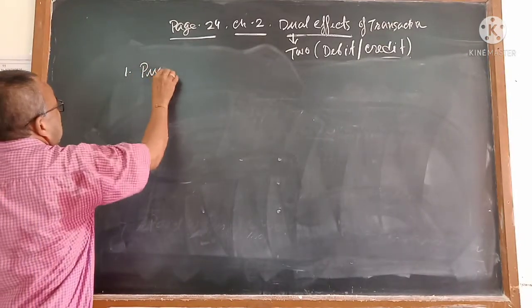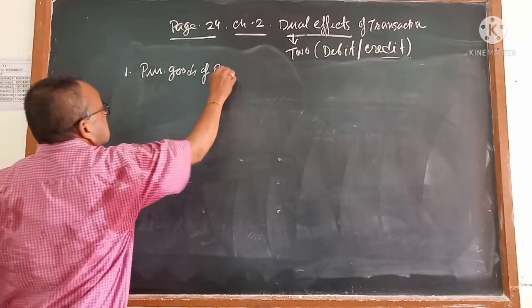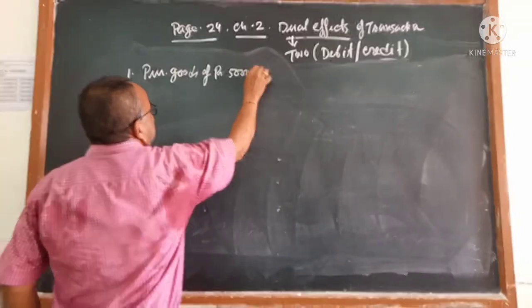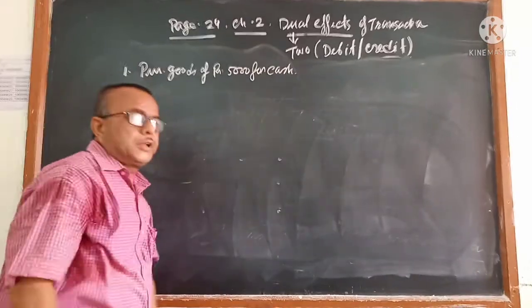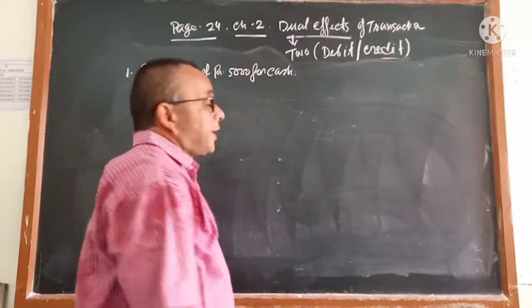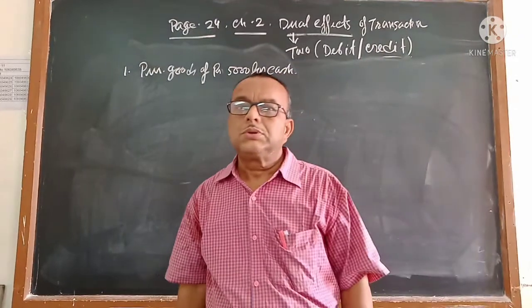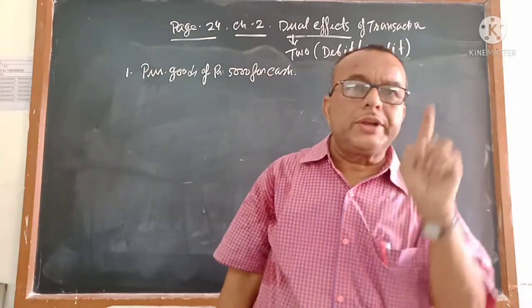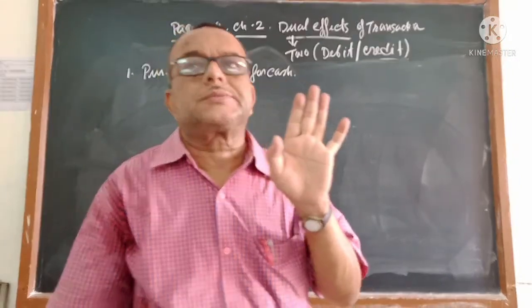Suppose we purchase goods of rupees 5,000 for cash. Let me explain this one first. Purchase goods of rupees 5,000 for cash. What will you do? First, you decide whether it is a cash transaction or a credit transaction.